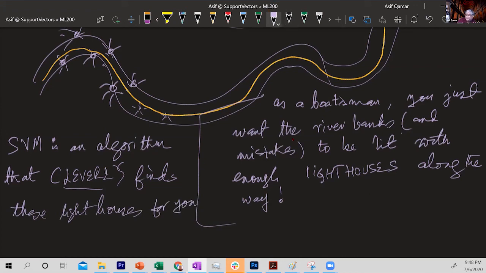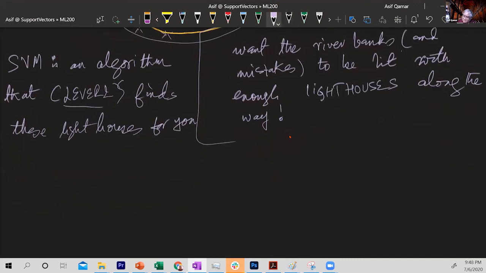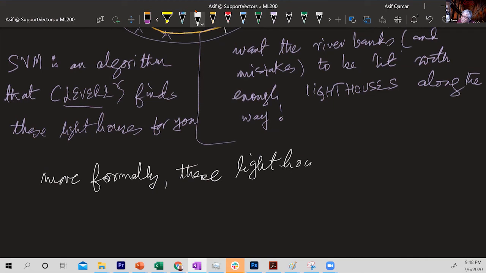Of course, needless to say, these lighthouses, more formally, are called support vectors.